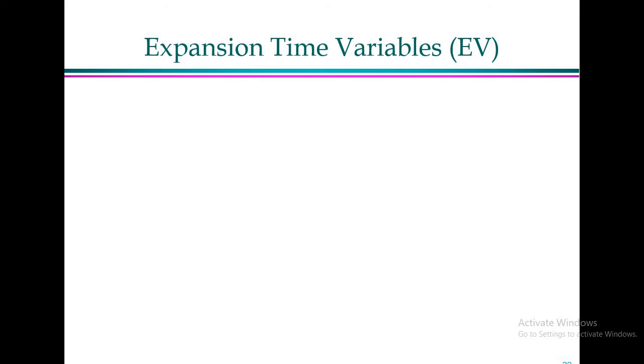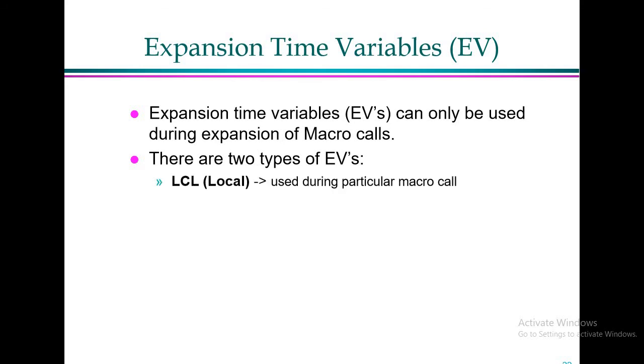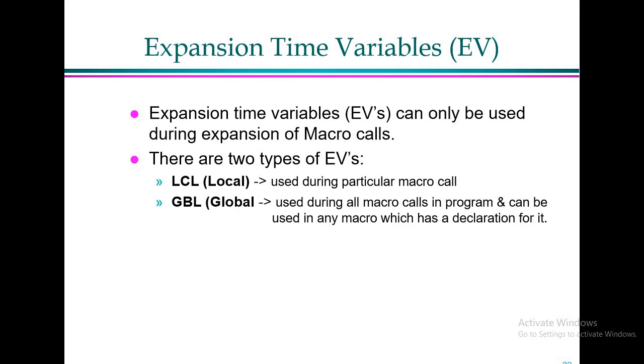Now see the expansion time variable. An expansion time variable can only be used during expansion of macro calls. There are two types of expansion time variable. One is local, that is LCL, used during a particular macro call, and second is global, which is used within a program and can be used in any macro which has a declaration for it.